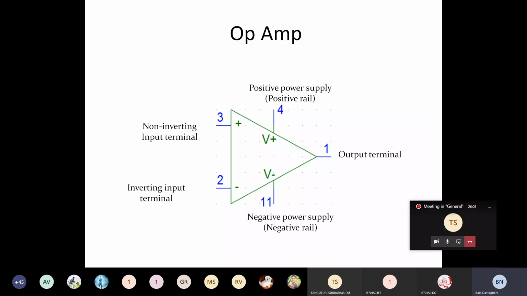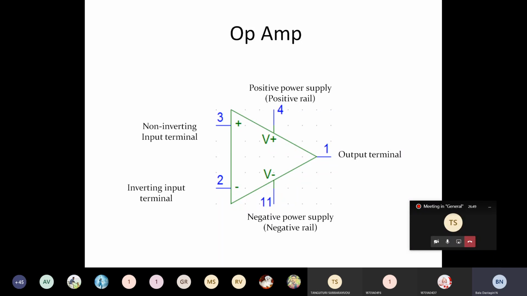Depending upon the application, the op amp is available in different packages, and based on the package the terminal numbers differ. Majorly, the op amp consists of 5 important terminals: 2 input terminals, 1 output terminal, a positive power supply terminal taken as the positive rail, and a negative power supply terminal.